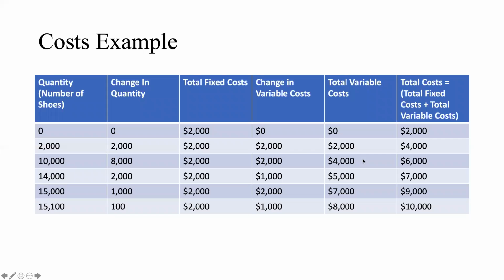And so in this example, notice that there are different amounts of increase in variable costs as you're moving from one quantity to the next quantity. And note that that amount varies depending on where you are on the quantity produced line. And so when you take total fixed costs plus total variable costs, that gives you total costs. So the total cost of production for this firm.